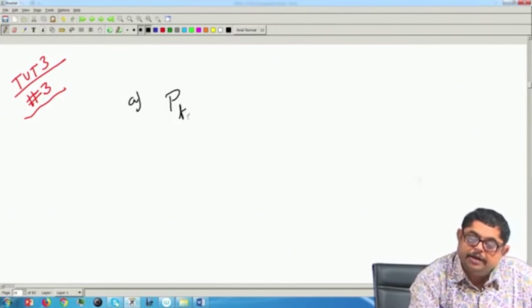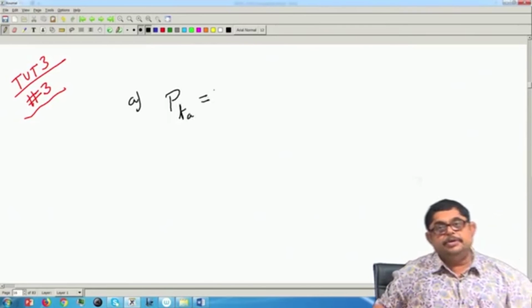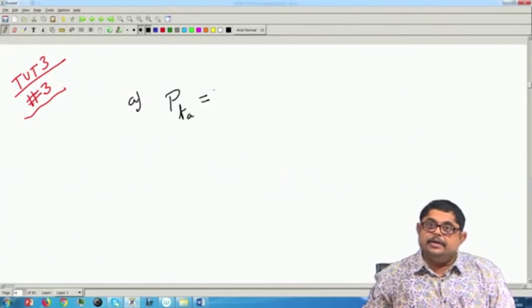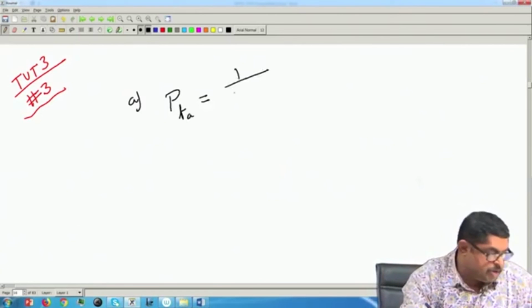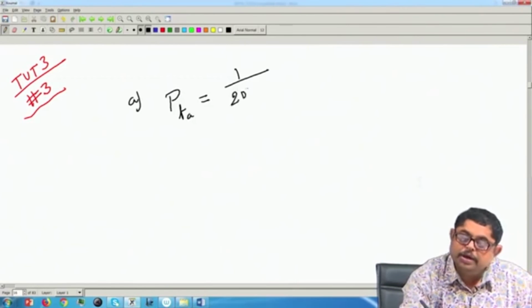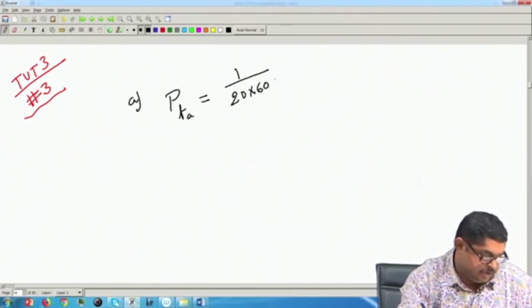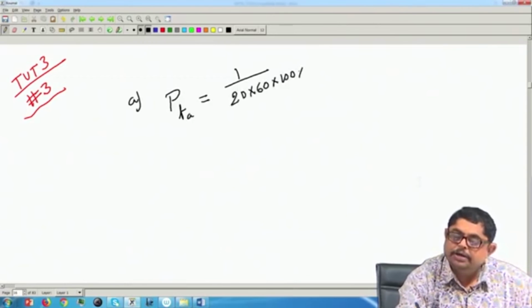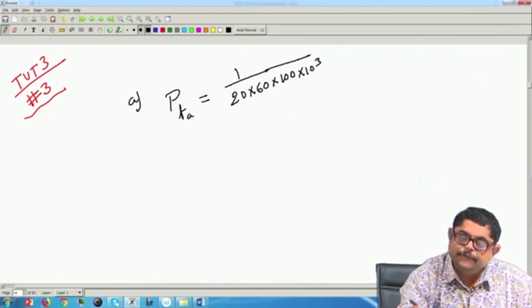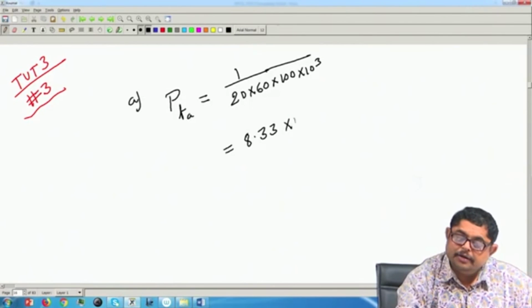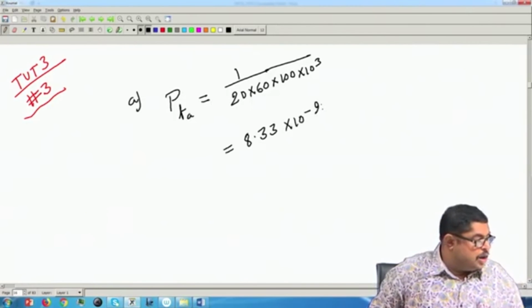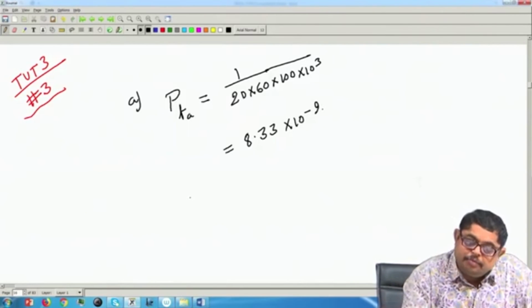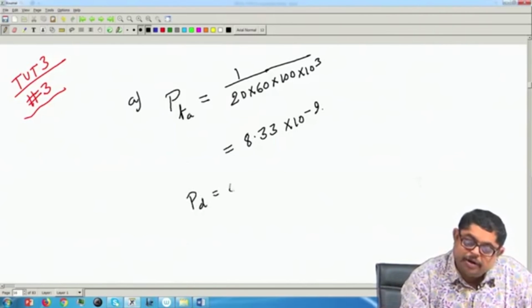PFA I require because Albersheim's equation is in terms of PFA and PD. So, PFA will be 1 by 20 into 60 into 100 kilohertz. That is giving 8.33 into 10 to the power minus 9, and PD is given as 0.8.